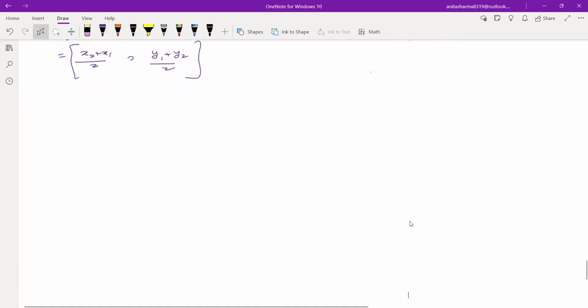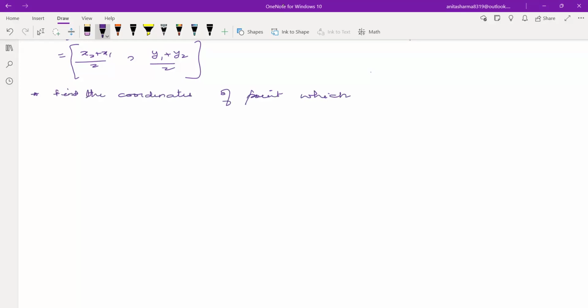Now suppose the question will come like this. Find the coordinates of the point which divides.